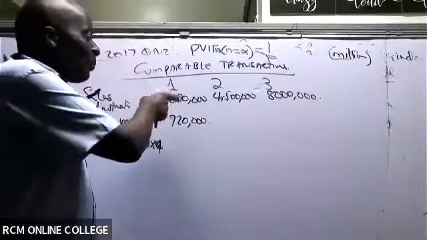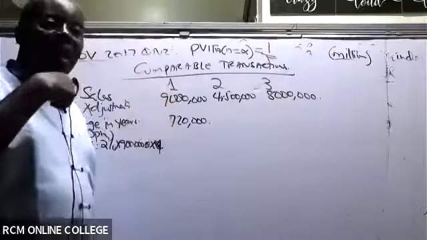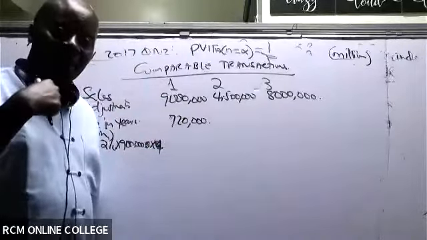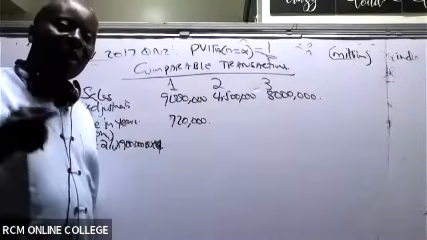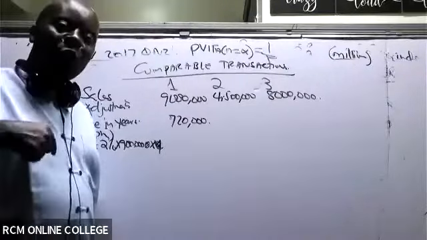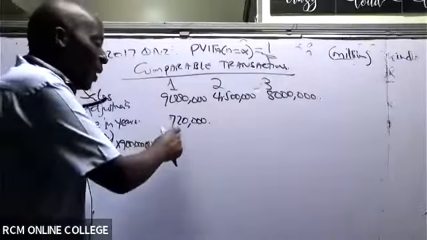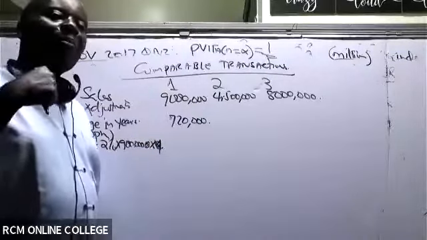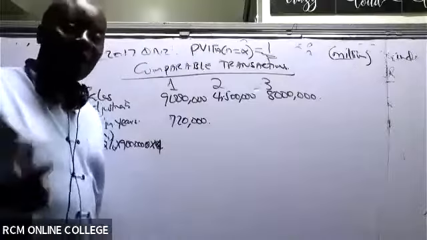Because I would want these properties to be adjusted to meet my property. My property is newer. So there is a benefit, and I should be able to enjoy this benefit. In terms of depreciation, my property should be much superior because mine is newer.